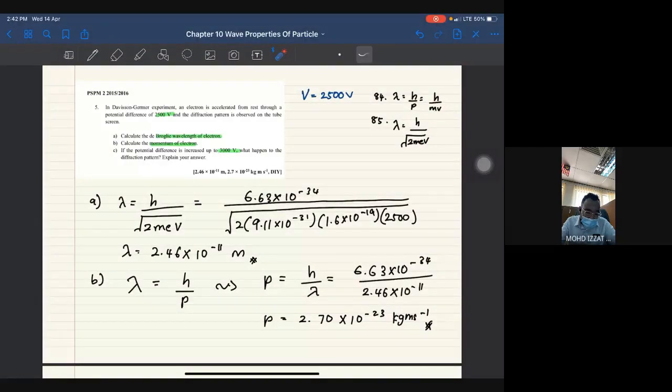Okay, the last question number 5C, if the potential difference is increased up to 3000, what happened to the diffraction pattern? Explain your answer. Apa jadi kalau kita increasekan dia punya voltage?